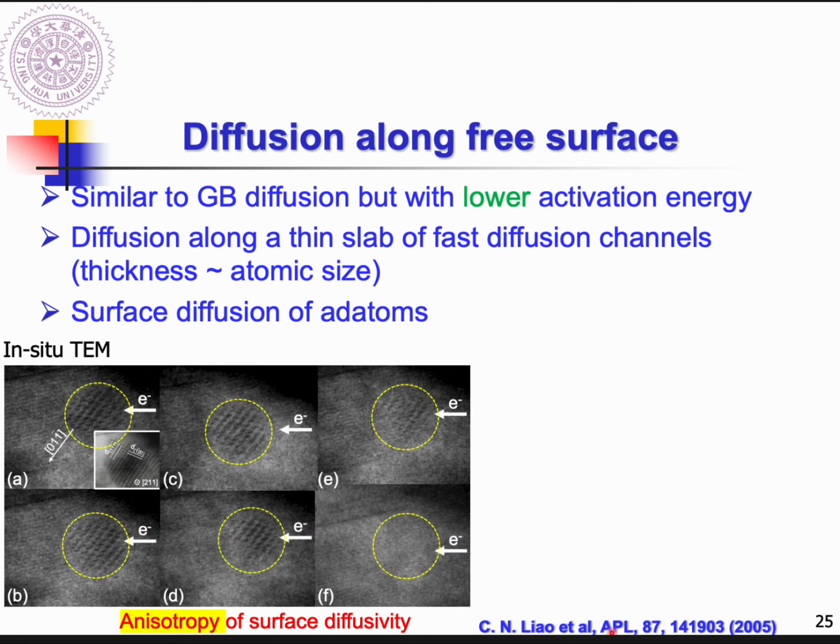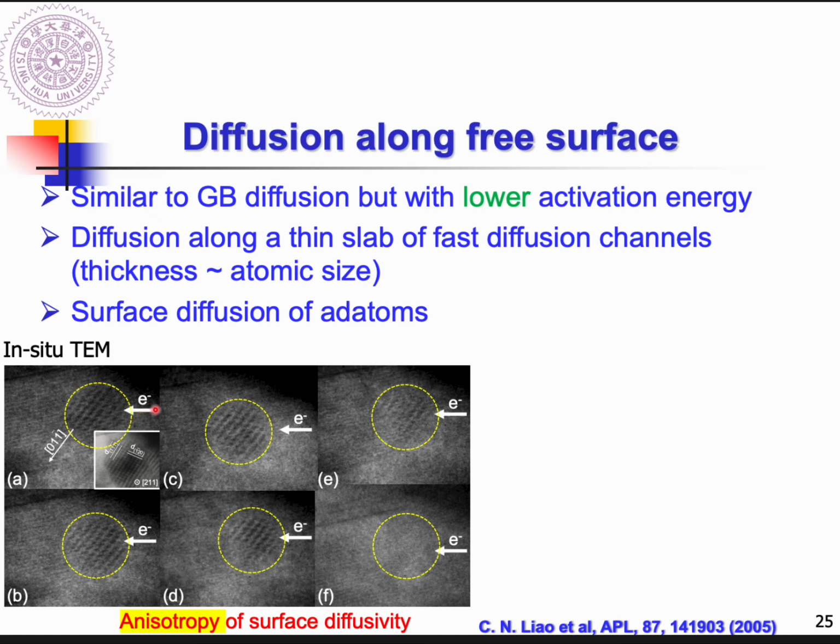This was published in 2005 by Professor Liao's group. He deposited a thin copper film on a substrate, and in the meantime he allowed current to pass through this thin copper film.